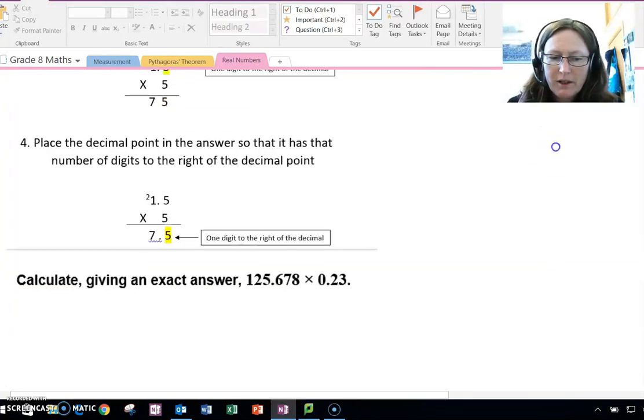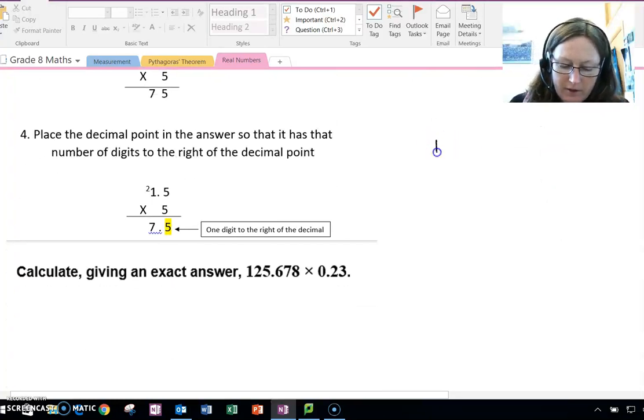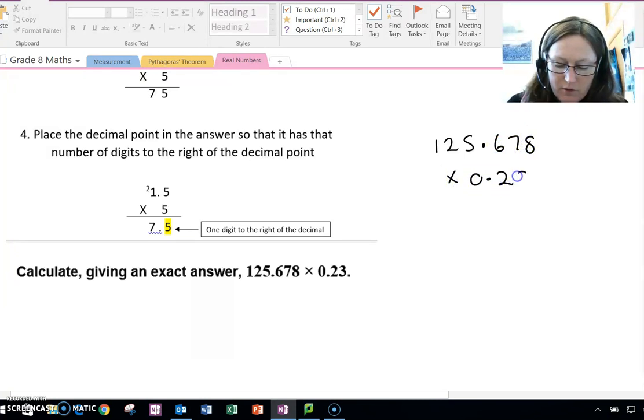Let's look at a more complicated one. So I've got 125.678 times by 0.23.